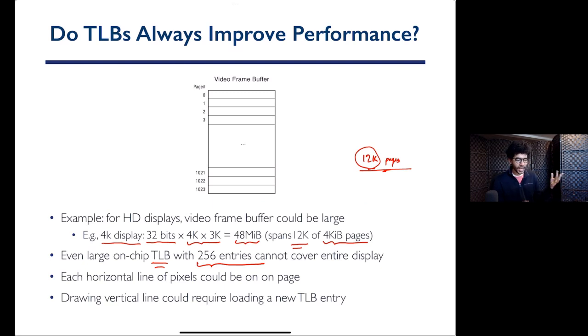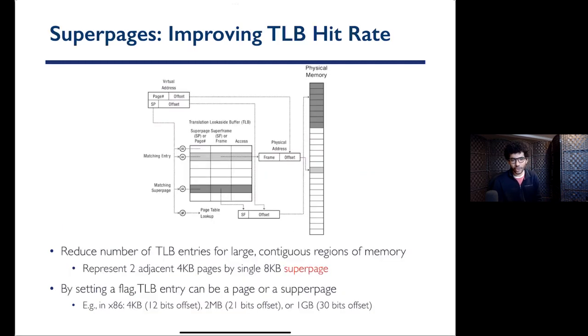Now, one way to address this issue is to use what is called a superpage. If you remember, when we were talking about multi-level page tables, I purposefully talked about how much memory a page has.